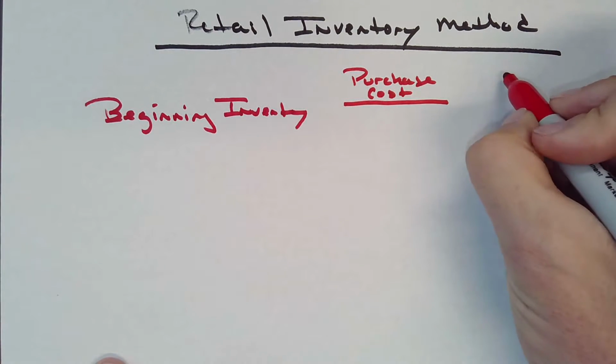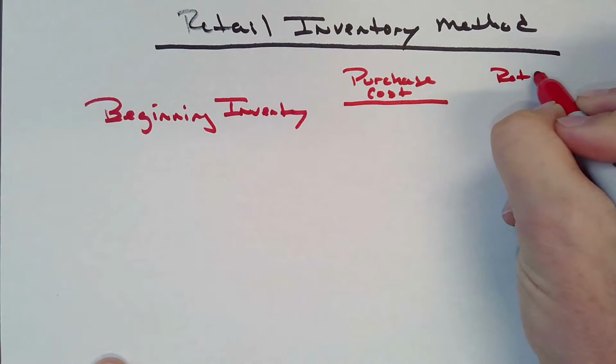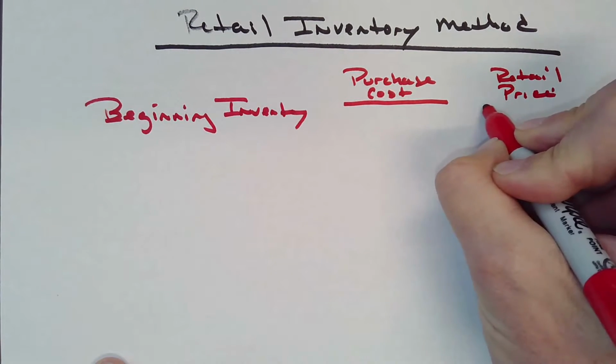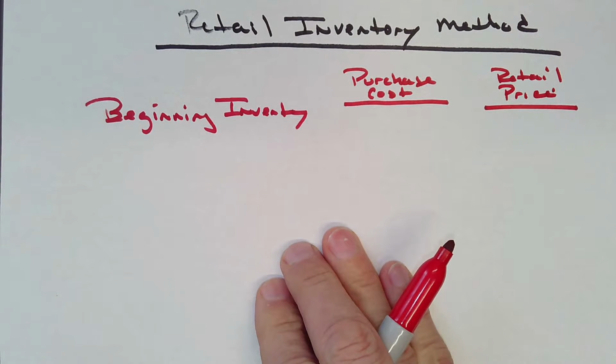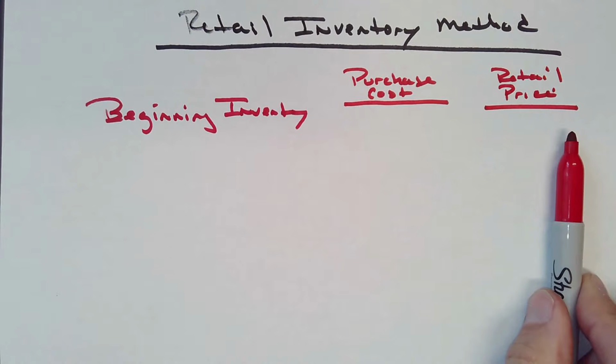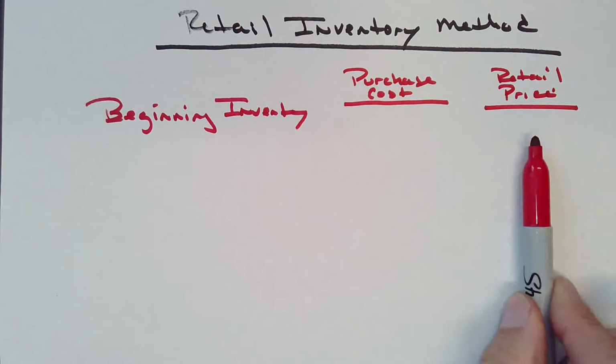And the other one is the retail price. And so I buy ibuprofen, I mark it up, and I sell to consumers at that retail price.